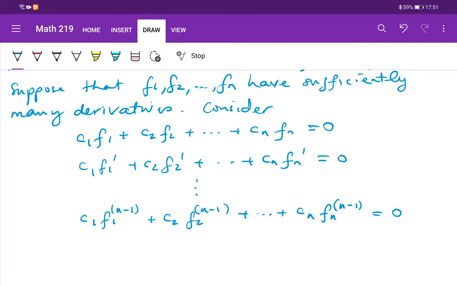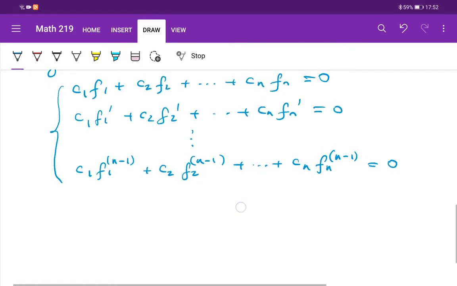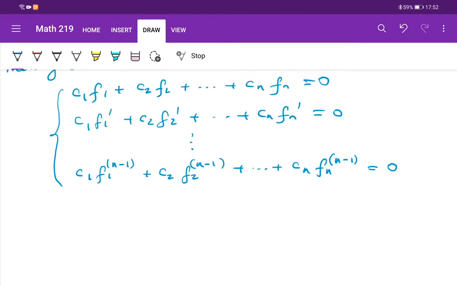Okay, so if the first equation here is 0 for every t, then all of these equations must be 0. In particular, this is a homogeneous set of equations.